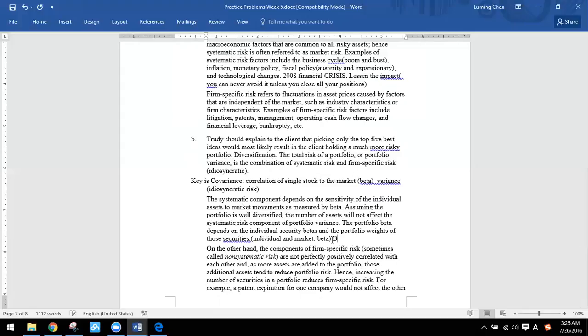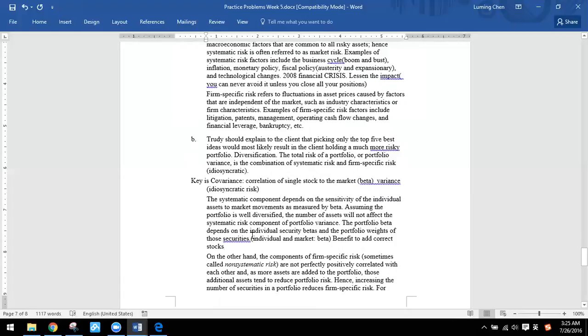So there is indeed benefit to add, well, you should add correct stocks. Do not add those stocks which are even more volatile or have higher correlation or perform worse than the stocks that are already in your portfolio.